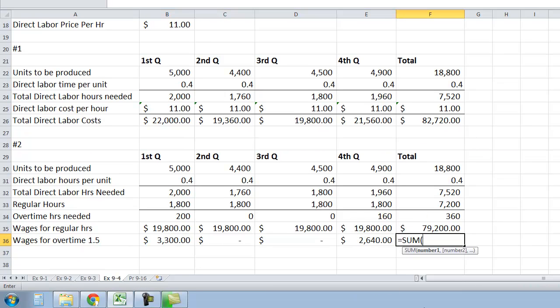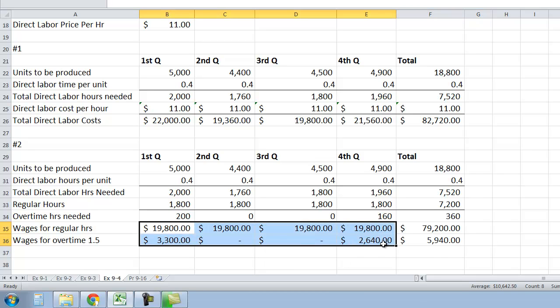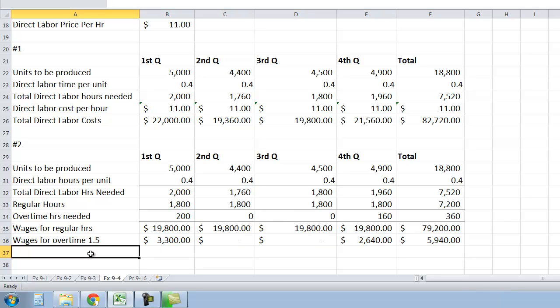And then I'm going to add up my overtime hour wages. Now, this is our total direct labor costs. We're going to add these two columns together. Add wages and overtime wages together.